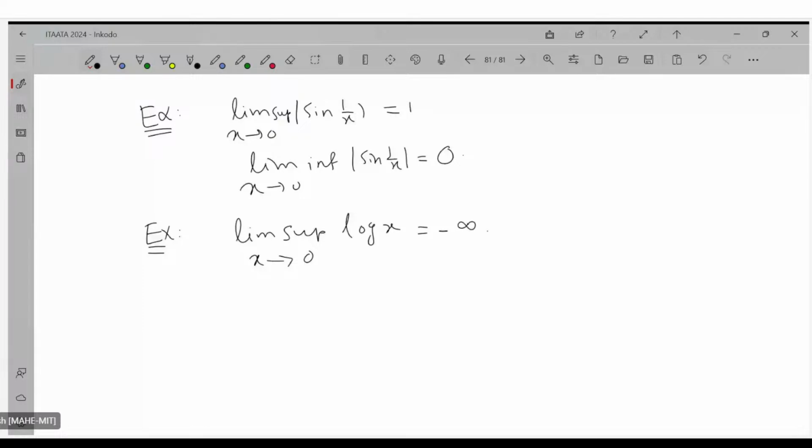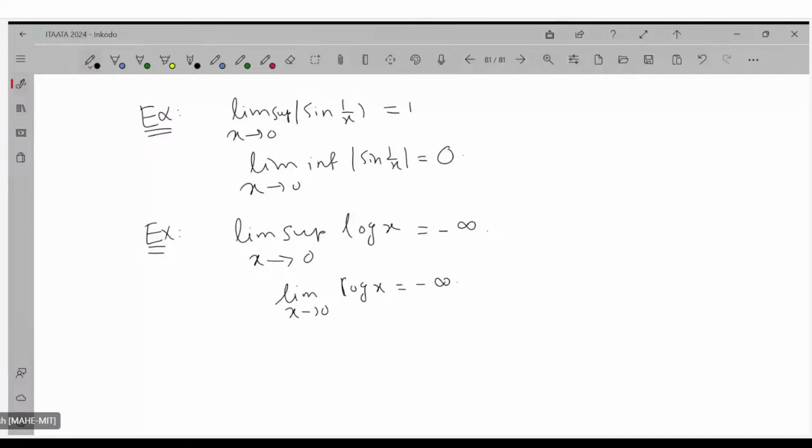So whatever sequence we take, it will be unbounded below. So limsup of log x will be minus infinity. Similarly, liminf is also going to be minus infinity in this case. So actually you have limit x tends to 0 of log x equals minus infinity, because in this case your limsup and liminf are also going to be the same, and you have this value.